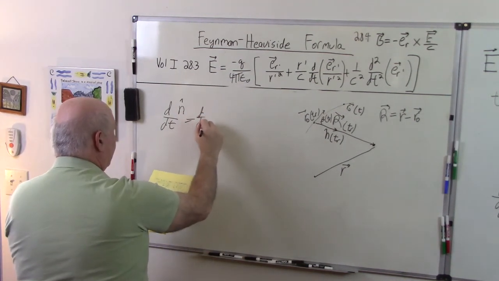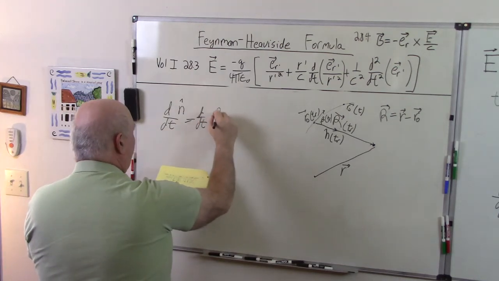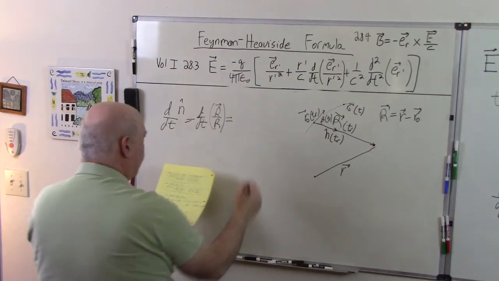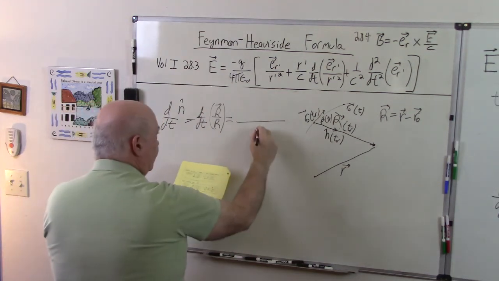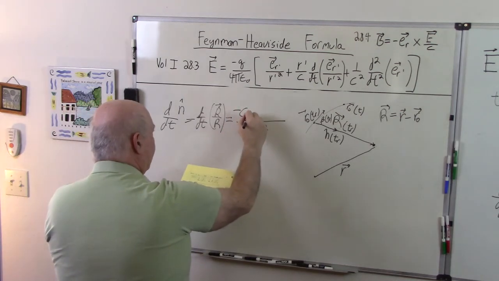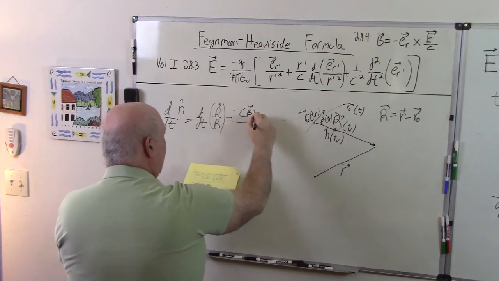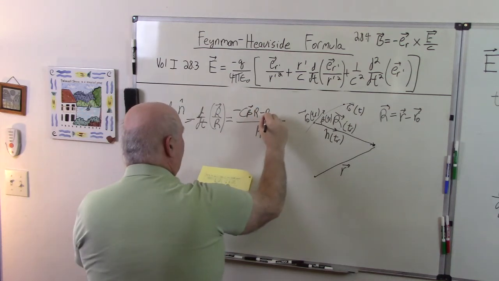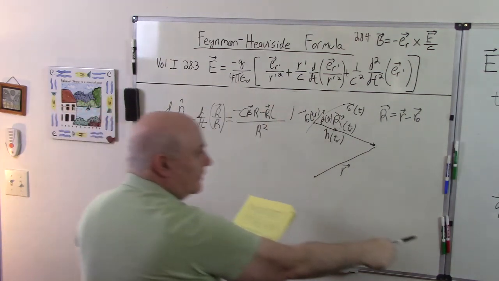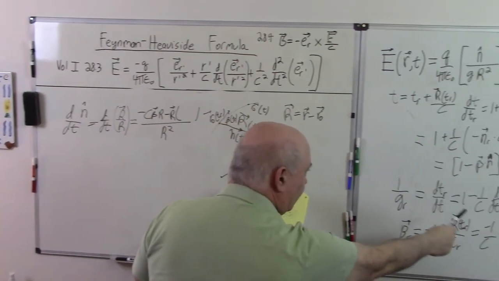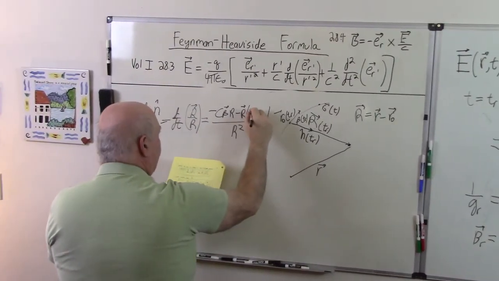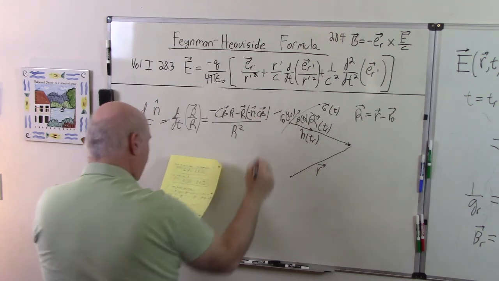It's just d/dt of R over R. Now we use the usual calculus for taking the derivative of a quotient: minus c beta over R, minus R times dR/dt. We derived what dR/dt is, so this is equal to minus n hat dot c beta.